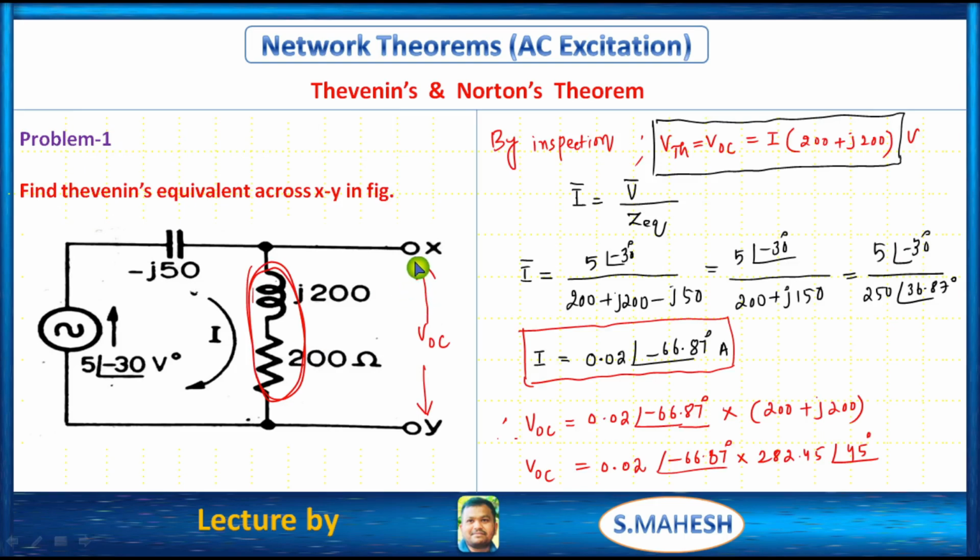To calculate ZTH, we have to short this voltage source. After shorting the voltage source, this branch is connected in parallel with this branch, looking between these two terminals.